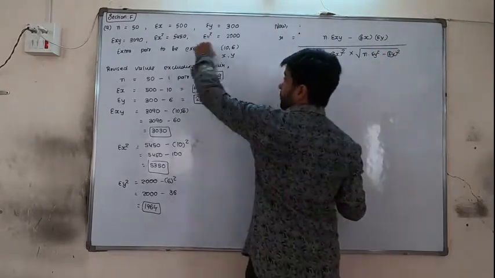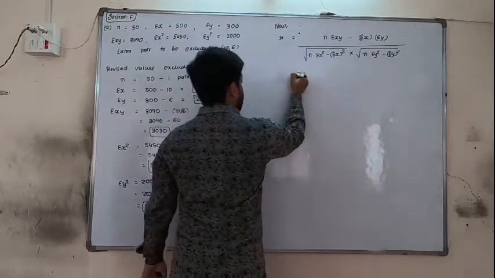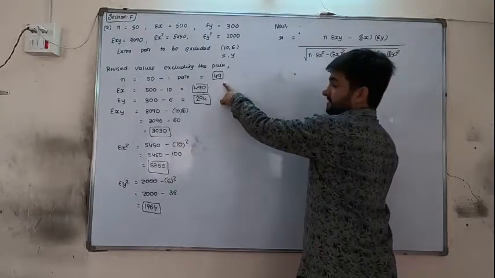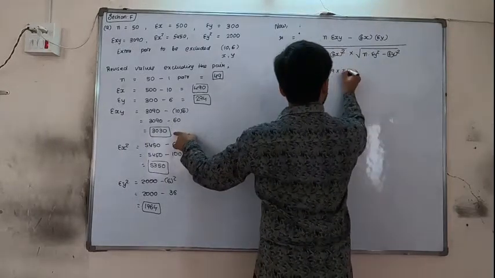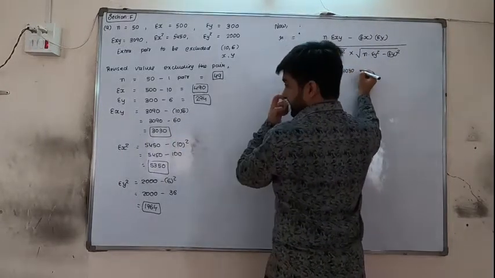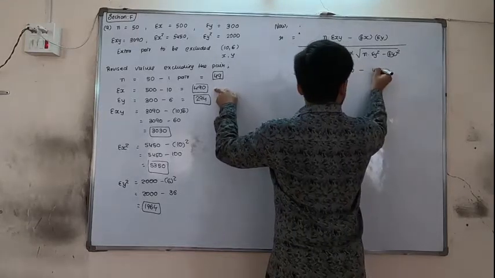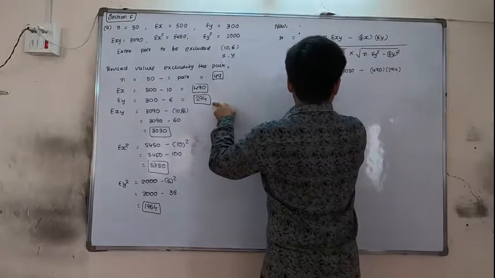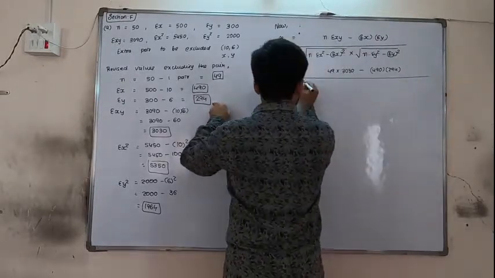Use these terms. N is 49. Sigma xy is 3030. Sigma x is 490. Sigma y is 294. Divided by, the values will be very big.